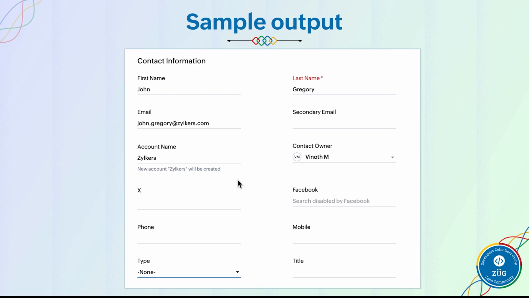To help you relate better to the use case that we are discussing, I have also included sample output screenshots in this slide. What we see here is the Desk interface where we are in the process of adding a new contact. I have entered some essential details like first name, last name, email and the account name.